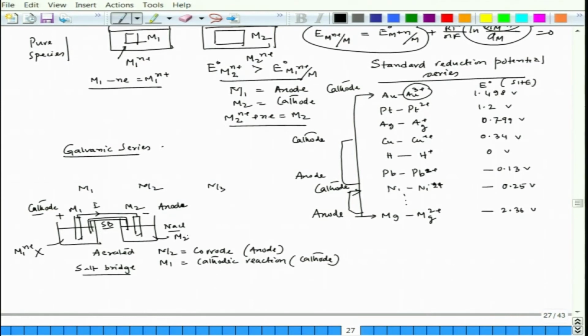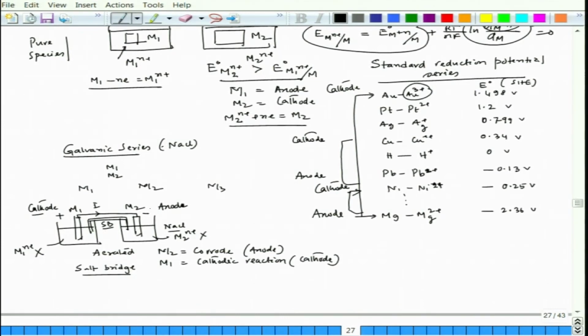Interestingly, when we have this NaCl, there we did not have Mn plus, here also we did not have M2 n plus. So, that way, by looking at the current flow, we can check which one is active and which one is less active. The less active metal in this series in NaCl solution, whatever, 3.5% seawater, M1 would move on top of M2, and here we are not putting any values.